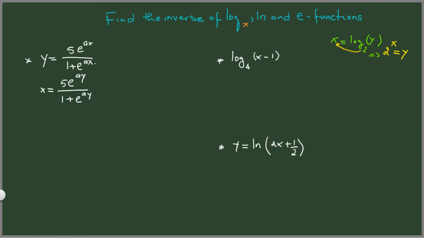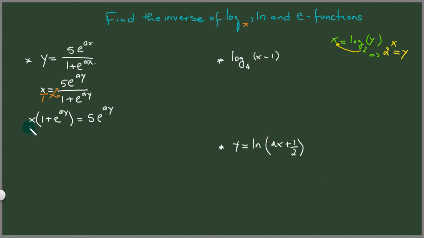It's like we have x over 1, and we can cross multiply. This is an equality that is verified. So by doing that, we're going to have on this side x times 1 plus e to the y equals 5 e to the y.